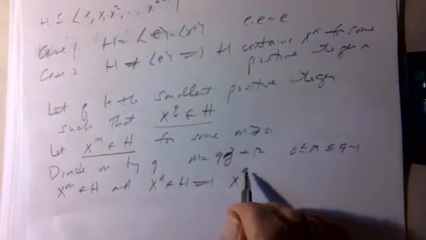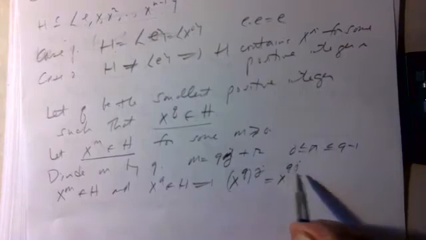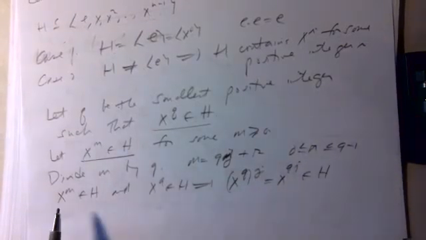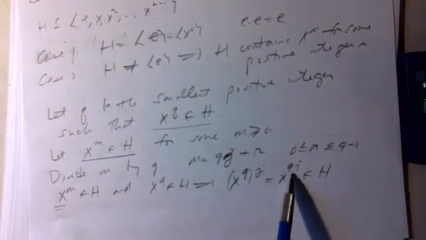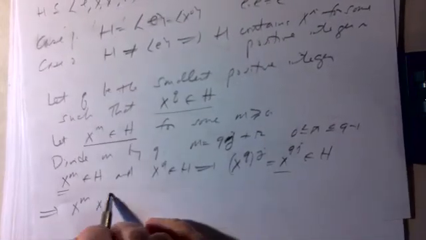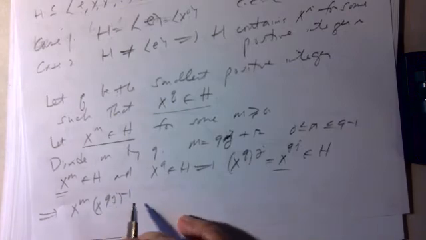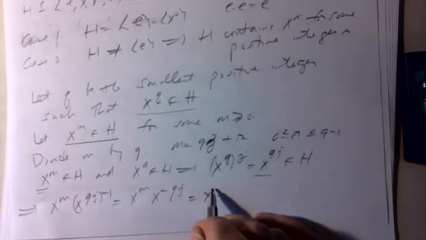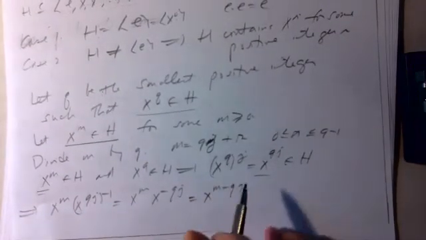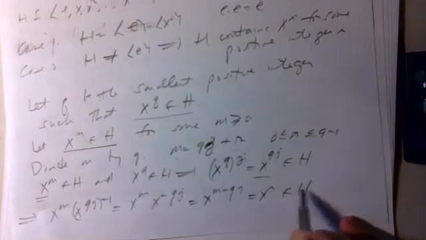So x to the Q to the power J, which is x to the QJ, is in H. If x to the m is in H and x to the QJ is in H, then x to the m times x to the QJ inverse is in H. X to the QJ inverse is x to the minus QJ. This is x to the m minus QJ. And m minus QJ is equal to R. X to the R is in H.